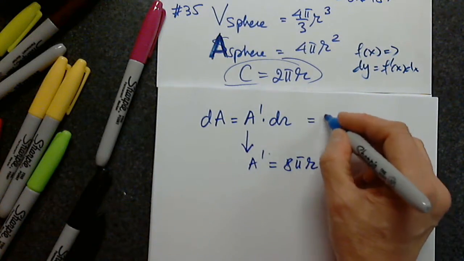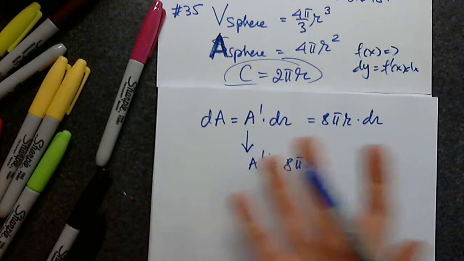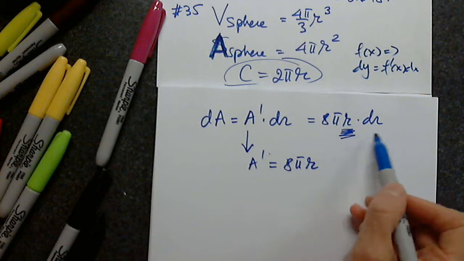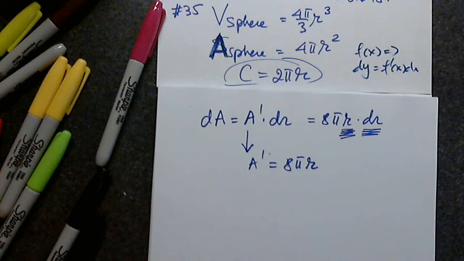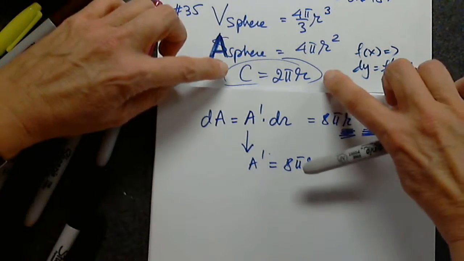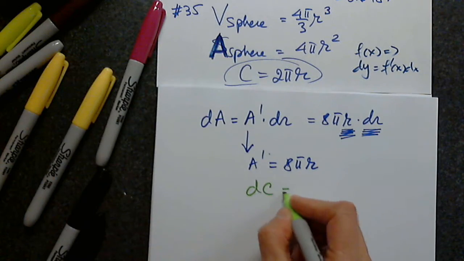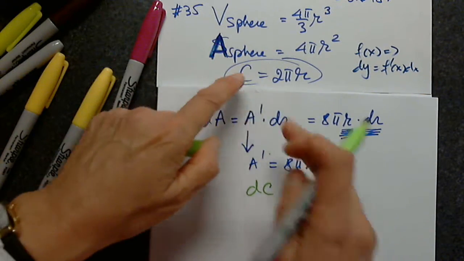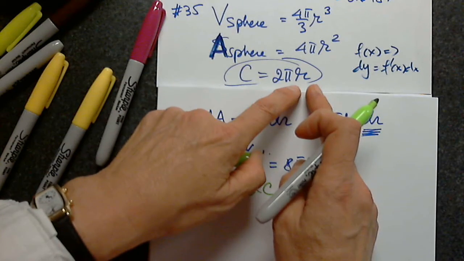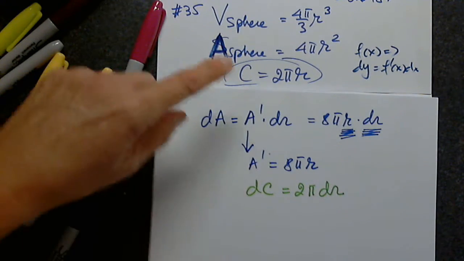So I replace it: 8 pi r times dr. I will be done the moment I determine this and this. These two pieces are not given to us. So how do I determine them? I will have to differentiate this to find dC as 2 pi times dr, since C is a function of r only. That's the differential of C.